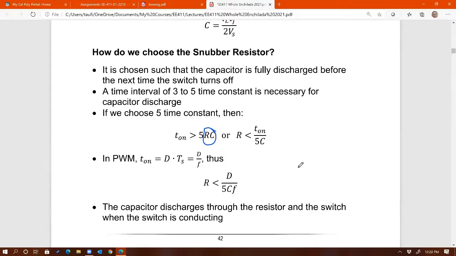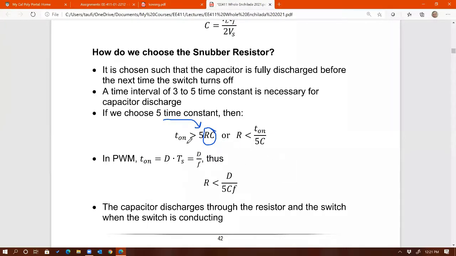From the capacitor, it discharges through the snubber resistor back to the switch. So how long it takes for this capacitor to discharge would depend on the time constant. I picked between 3 to 5, and I picked the constant 5. You don't have to, but in this example, I use 5 time constants.